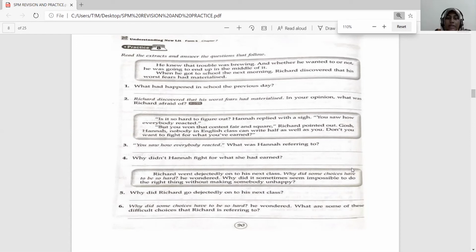Why didn't Hannah fight for what she has earned? Now you answer me. According to Richard, none of them is as clever as Hannah in English, right? And even though she knows about that, why didn't she fight for it? Yes, she wanted to avoid the conflict.